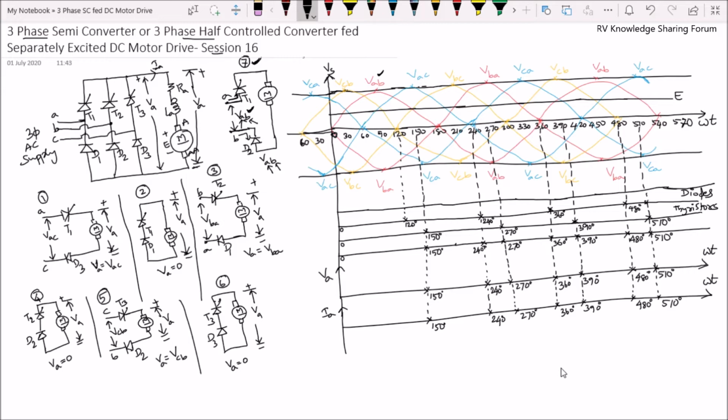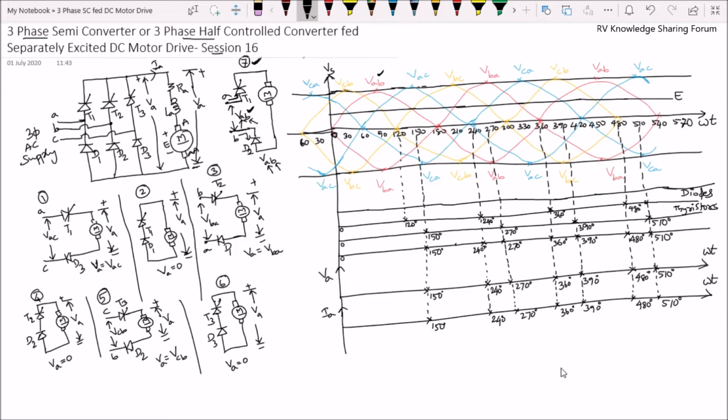Diodes have no gate terminal, so there is no problem of firing angle. Thyristors have a gate terminal, so we have to use a firing pulse, and they get triggered only at the firing angle.